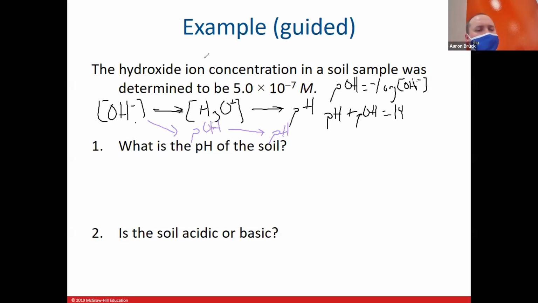So what I can do, the alternative method here, is if I take the logarithm of this value, that would give me the pOH, and then I can subtract that value from 14. Since algebraically speaking, the pH of the solution is equal to 14 minus the pOH of the solution.